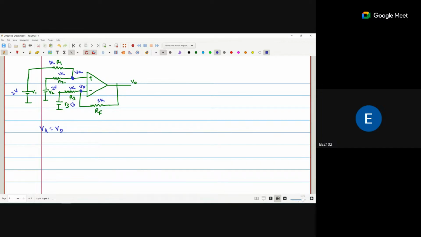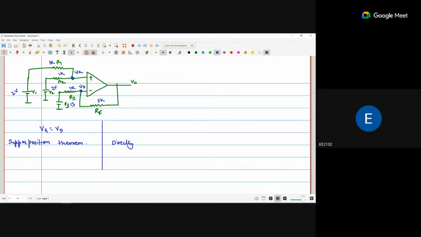So what is the method to calculate VA? Either we use the superposition theorem, or I can directly solve that.